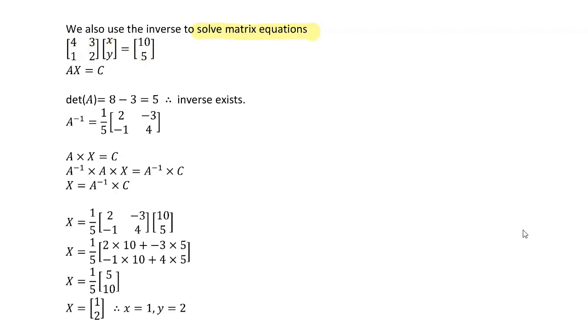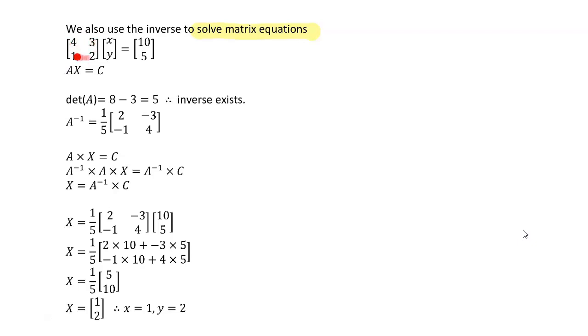Now we want to solve this so we can figure out what these unknowns X and Y are. So this is matrix A times by matrix X gives me matrix C. So we know in normal algebra that we want to get X on its own to solve for it. So that's what we're doing here. We want to reverse the effect of timesing by A by timesing by the inverse of A.